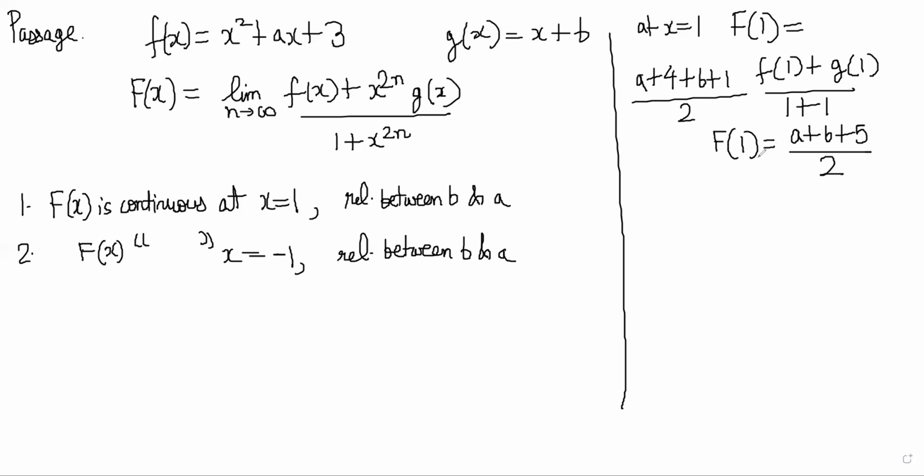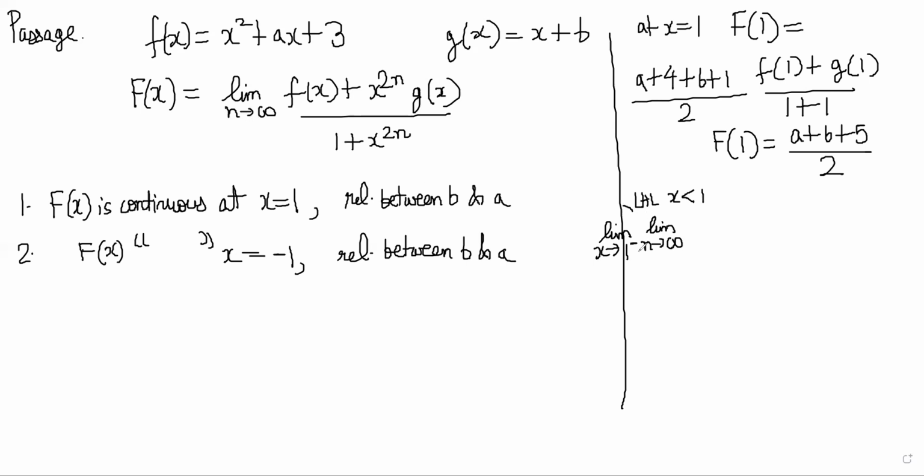Correct. And let's do the limits now. Let's do the limits in two cases. LHL, when x is less than 1, right? Limit of n tends to infinity, we have to do also limit of x tends to 1 minus, it's a double limit basically, right?